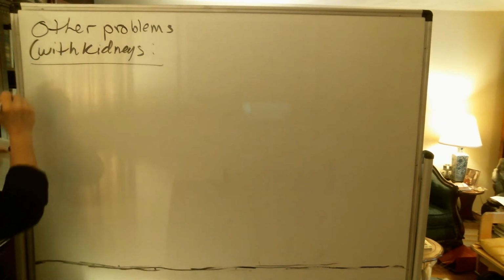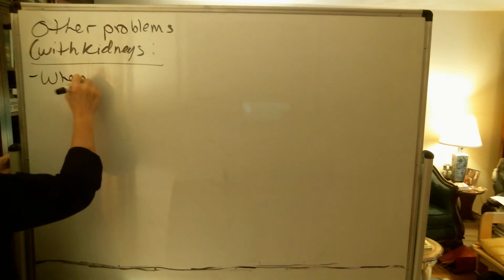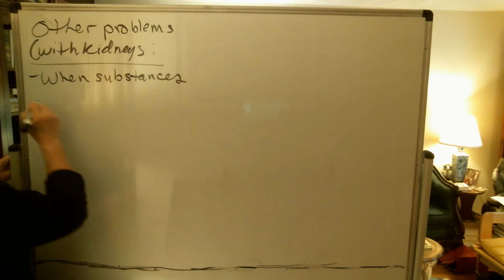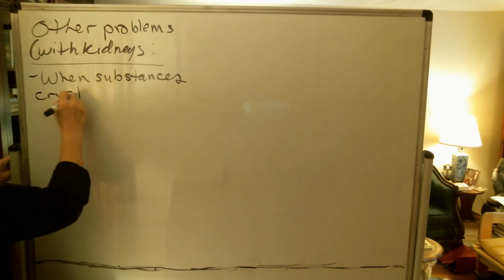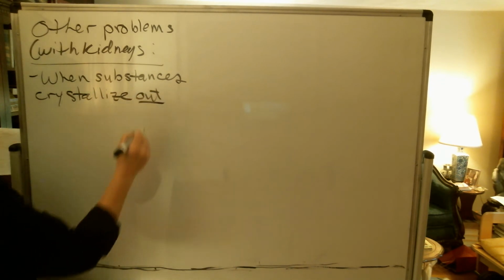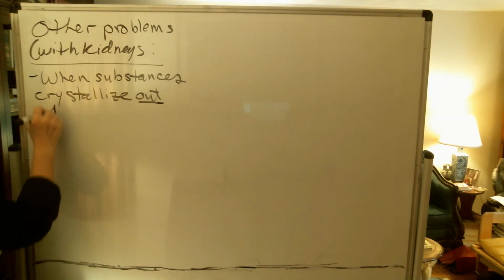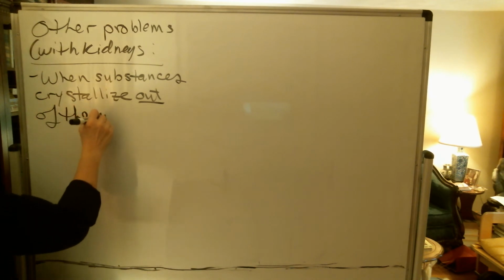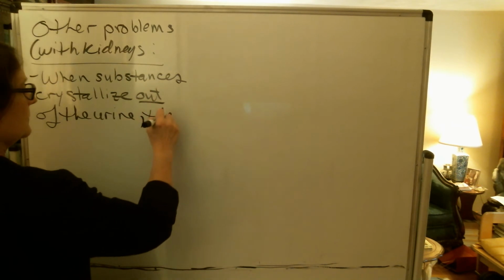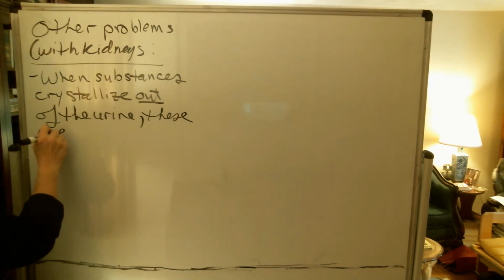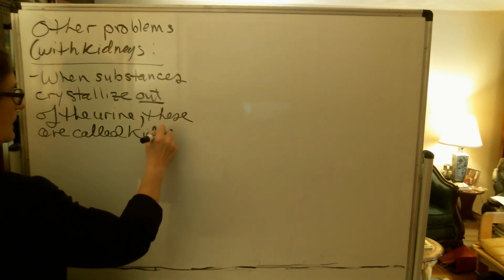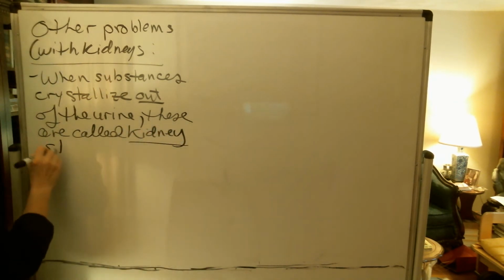So when substances crystallize out of the urine, these are called kidney stones.